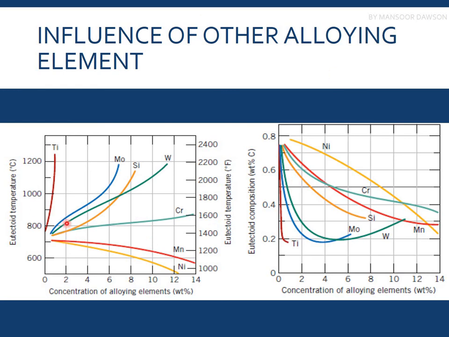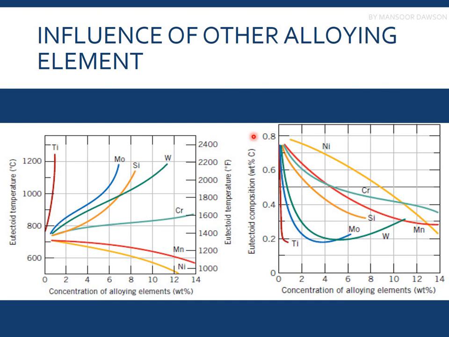Furthermore, if we discuss the eutectoid composition, which is around 0.76, or in other books 0.8 or 0.83, if we are adding alloying elements such as nickel, chromium, silicon, molybdenum, you can see that it reduces the eutectoid composition from 0.8% to around 0.2%, or to around 0.3% in case of silicon and manganese.